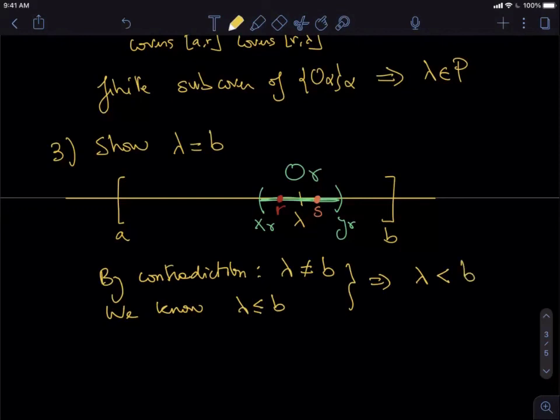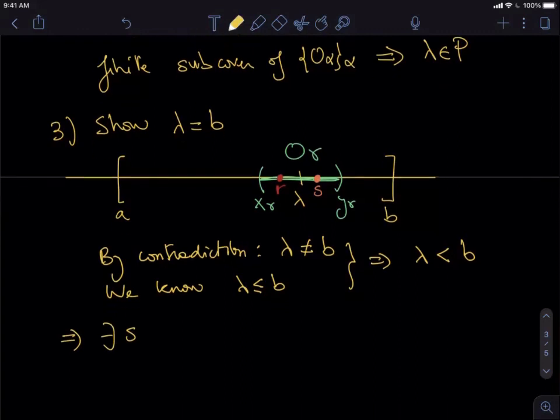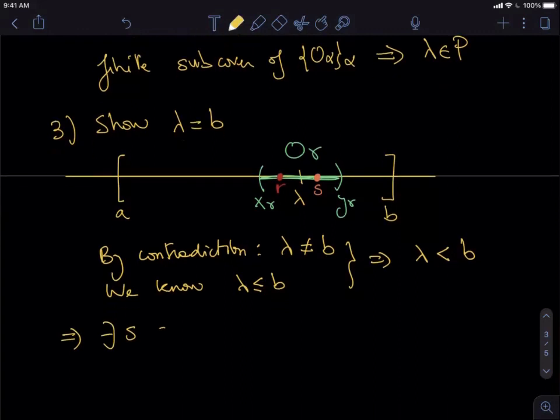But if lambda is strictly smaller than B, then there exists a point S, just like in the picture, such that S is in between lambda and the Y gamma we defined before.